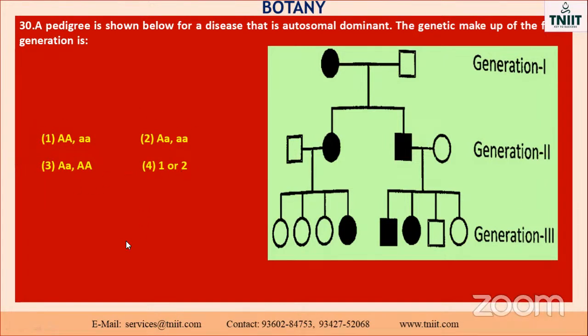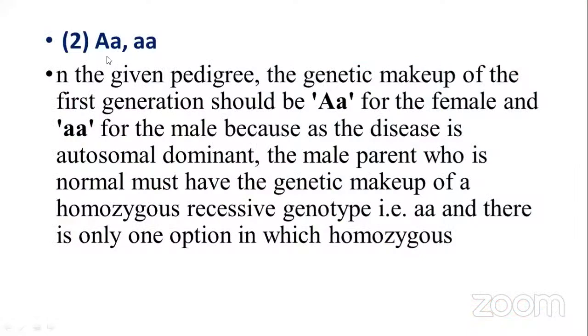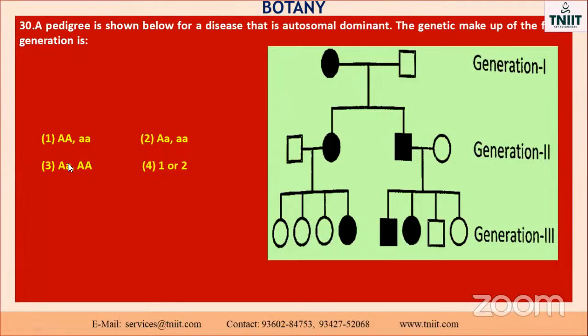How will you identify the answer? See the options here. Capital A, small a, small a, small a is the correct one. You have to substitute. Capital A, small a, small a, is it correct? No. Capital A, small a, and small a, small a. So the answer is 4 only, because both will come.